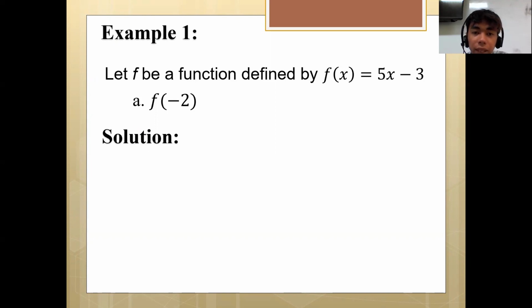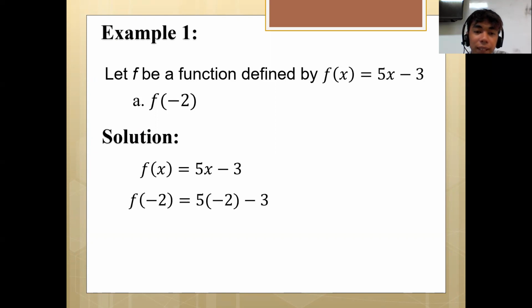So therefore, what is inside the parenthesis beside f, that is our x. So just substitute. You have f of x is equal to 5x minus 3, and then f of -2 is equal to 5 times -2, that which is x now, and then minus 3.